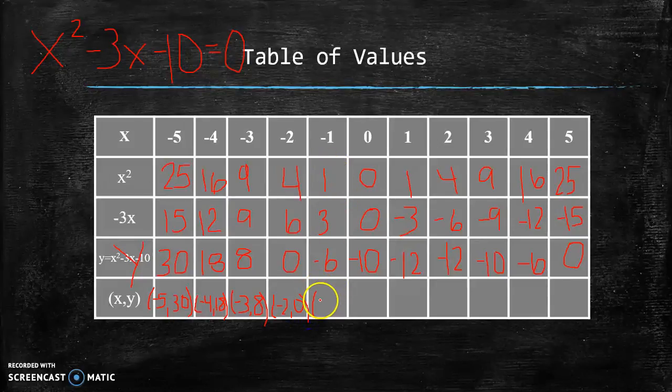Negative 1, negative 6. This one's 0, negative 10. 1, negative 12. 2, negative 12. 3, negative 10. 4, negative 6.